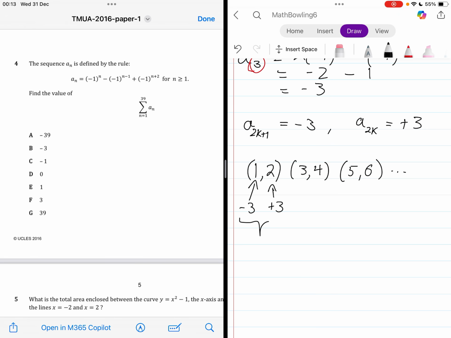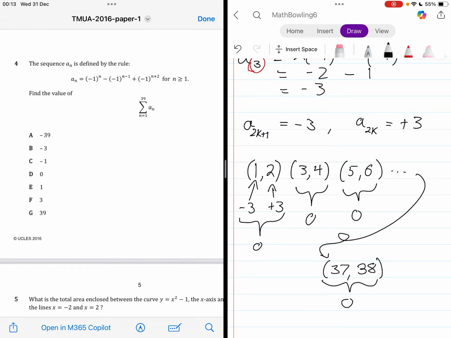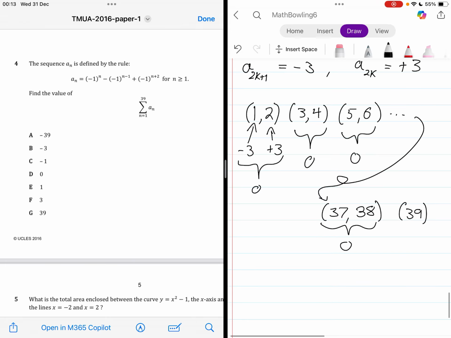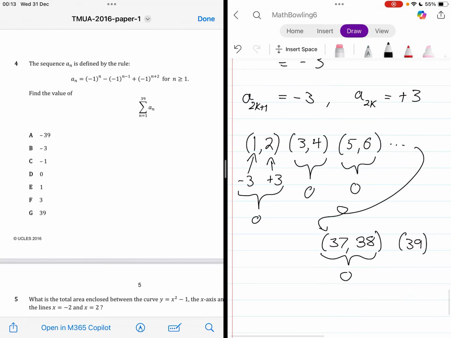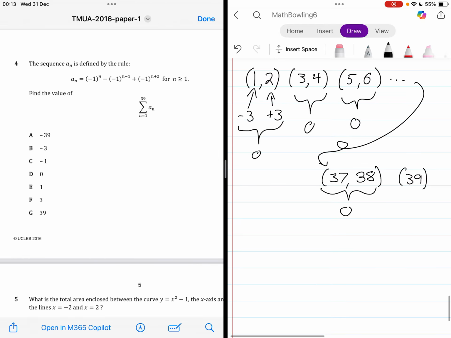So that's going to be 0. It's the same thing all the way up until we get to 37, 38, which is going to be 0. And then we'll just add 39. 39 is odd, so minus 3. So therefore our answer is going to be B.